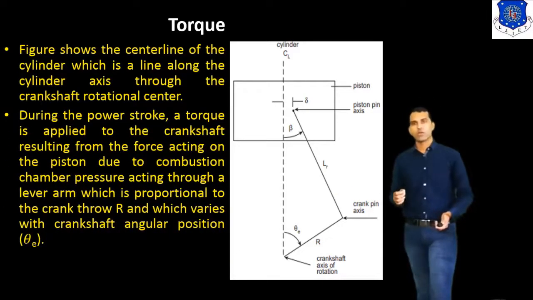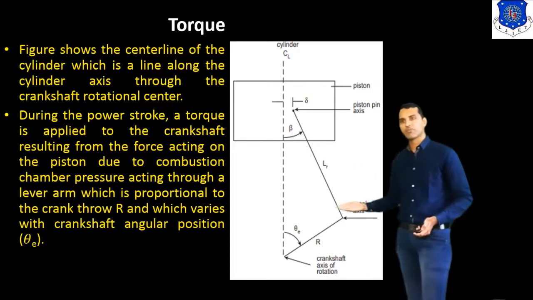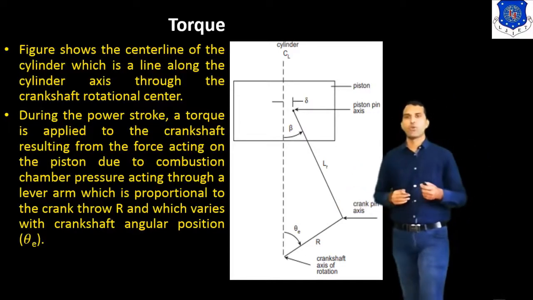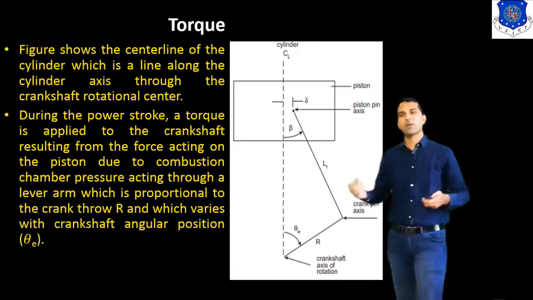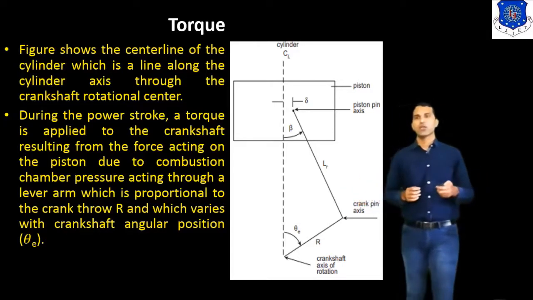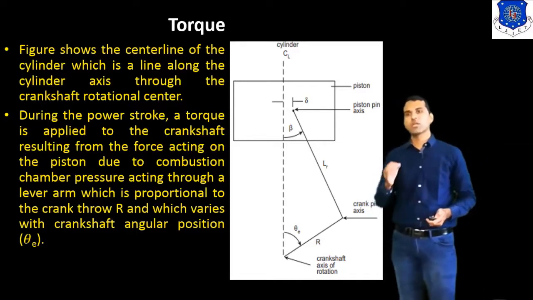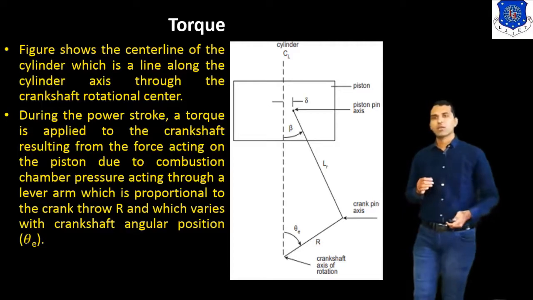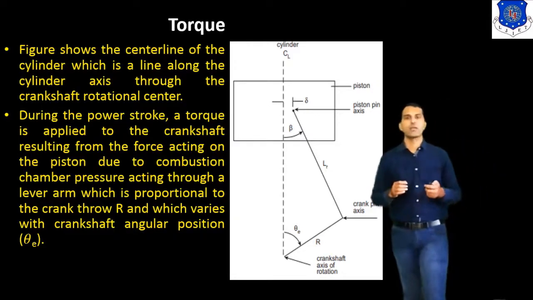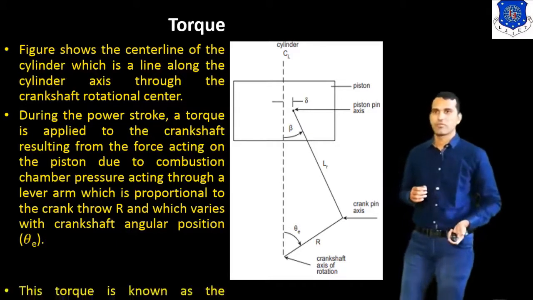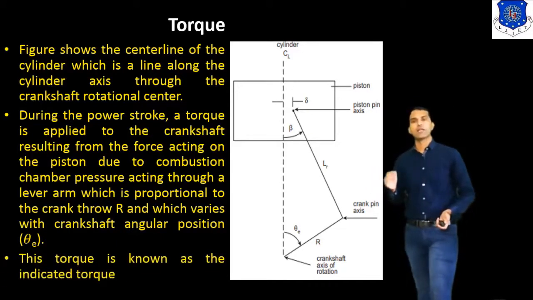During the power stroke, a torque is applied to the crankshaft, resulting from the force acting on the piston due to the combustion chamber pressure acting through a lever arm, which is proportional to the crank throw arm and which varies with the crankshaft angular position. This torque is known as indicated torque.